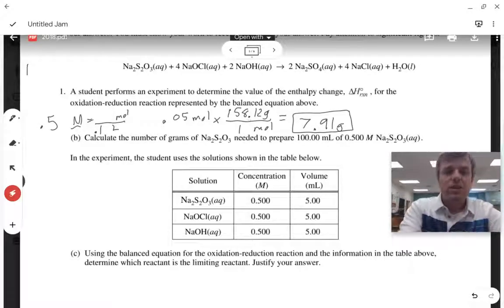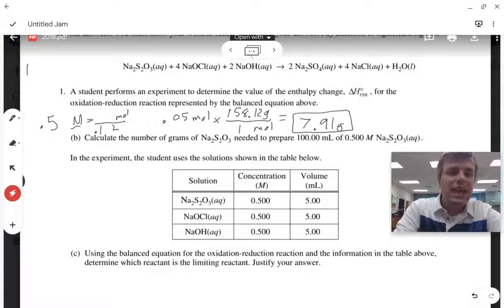So if we look at our reaction, it takes one of those and four of those and two of those to react. So it takes 4 moles of sodium hypochlorite for every 2 moles of sodium hydroxide and every 1 mole of sodium thiosulfate.